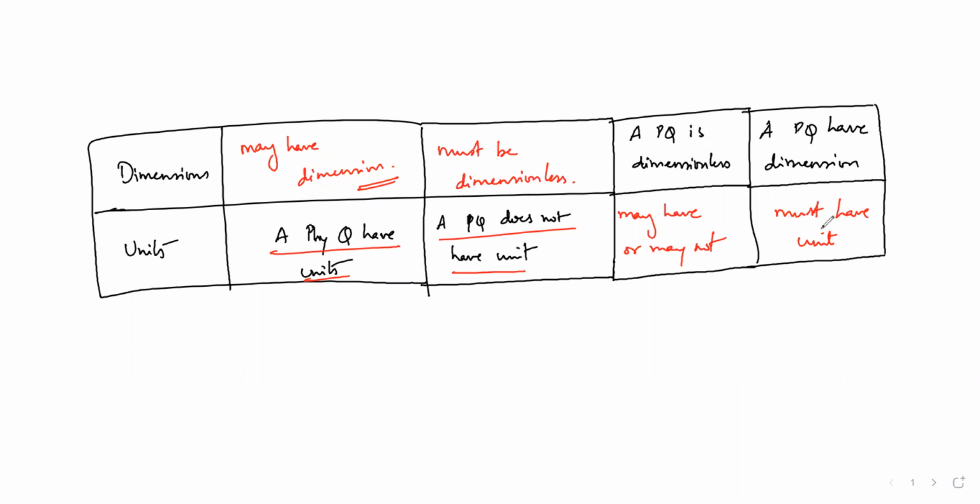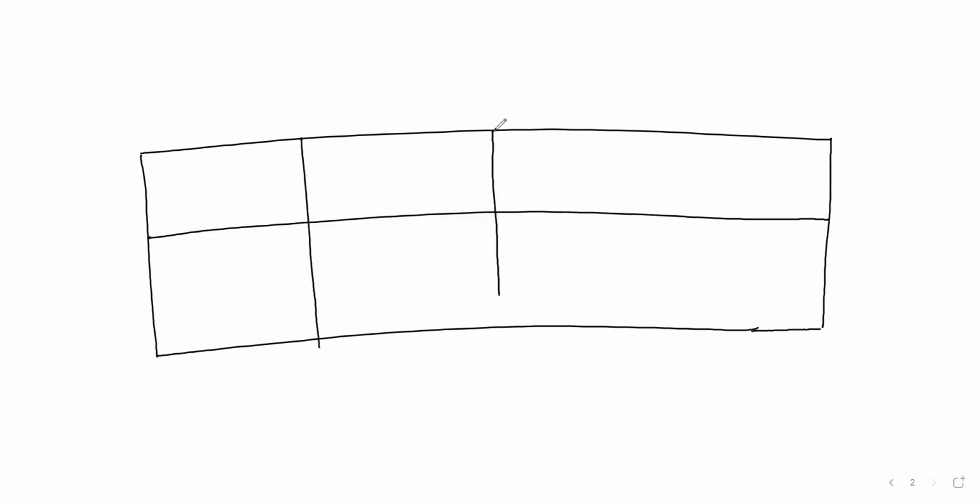Now, one more table. Of course, I will share the video with you. But still, if you can, try to remember in the class itself. Now I will talk about physically correct and dimensions correct.